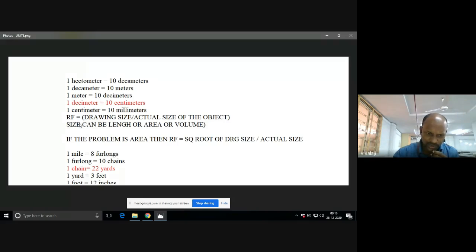So that is actually speaking of the RF factor. With the help of that RF factor, that particular map is designed. I think you have now understood the concept behind RF: representative fraction, why we are using it, where we are using it, and how to calculate RF. This is a simple formula. Can I move forward? Is it clear till now?